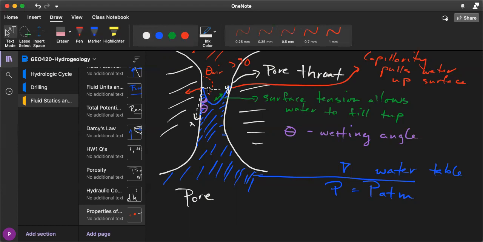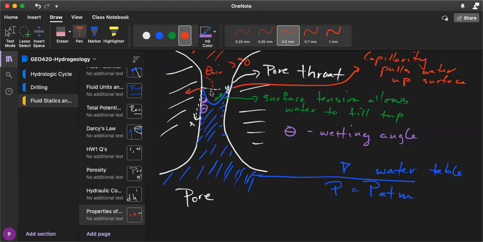So whenever we have a fluid that's moving into a pore, there's the wetting fluid. The wetting fluid has an angle that's less than 90 degrees, and how low that angle is determines how attracted that surface is. So water here is the wetting fluid. There's also a non-wetting fluid, here air.